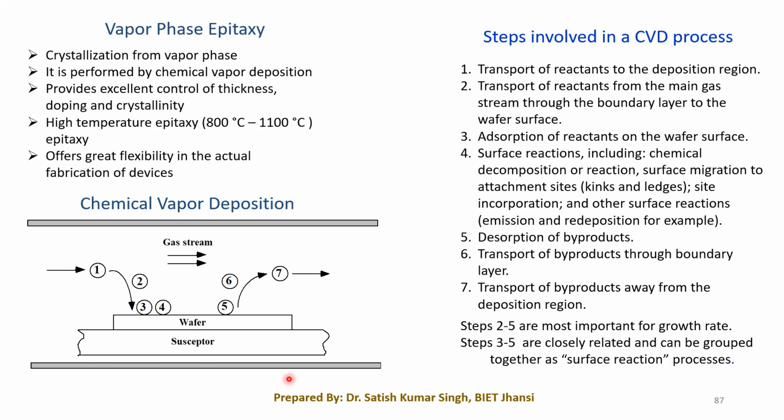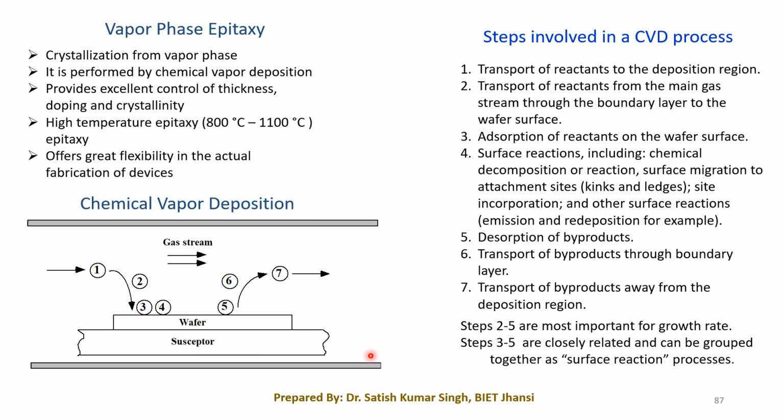First of all, we have a particular reaction chamber. Based on the reaction chamber, whether it is an atmospheric pressure CVD technique, a low pressure one, or a plasma enhanced CVD technique, the properties of the chamber will differ.